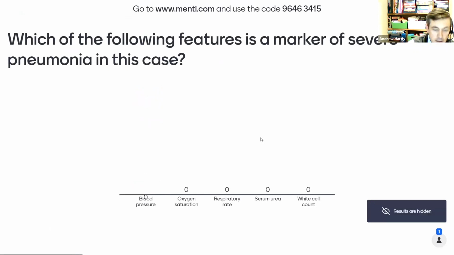Oh, do I need to hide the? Yep, sorry. So if you haven't seen the Menti code, it's the one beginning 964. Alison's put it in the chat. 96463415.